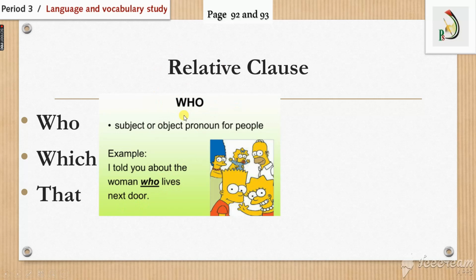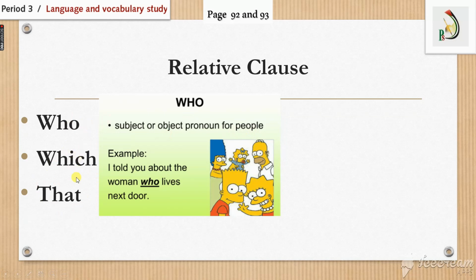And we learned it in grade 5, 6, 7, that who is talking about people, whereas which talks about animals or things. That refers to people, animals and things.